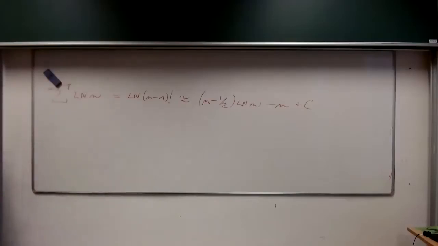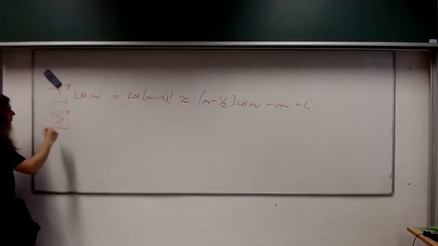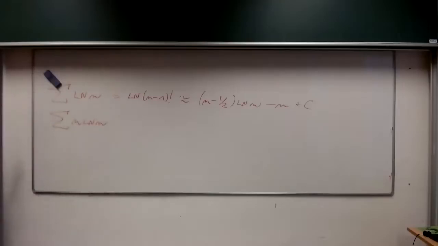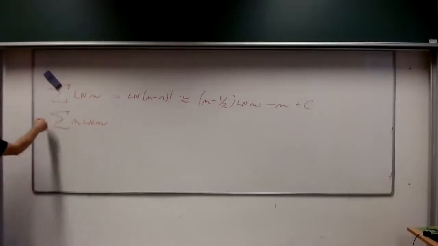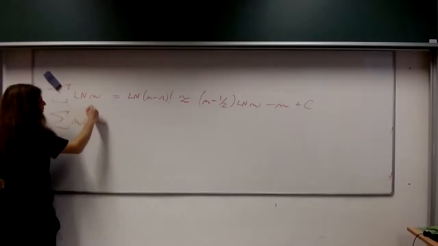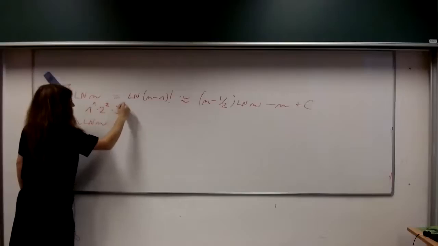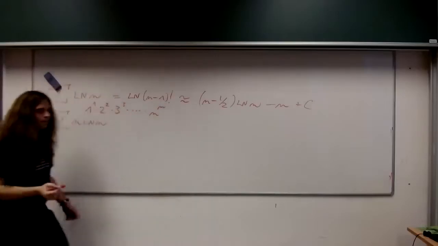And here we can do something like this, for instance. And this is not really a trivial thing, because if we would exponentiate this expression, we would get something like 1 to the first power times 2 to the second power, 3 to the third, and so on, up to n to the nth.